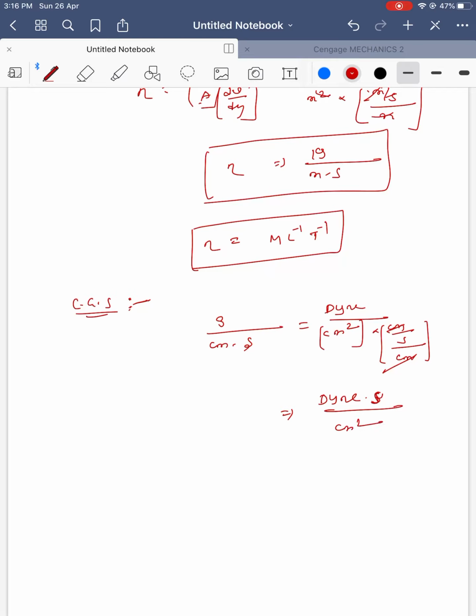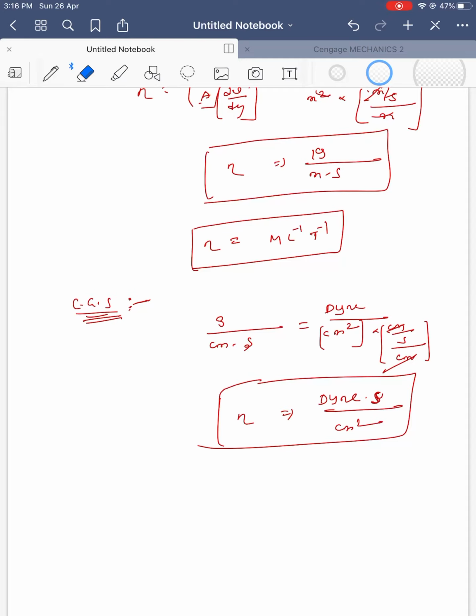This is the unit of nu in CGS. This is also called poise.